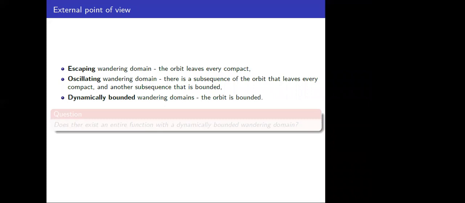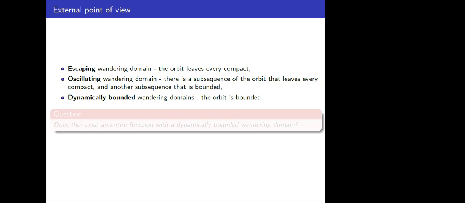Just a few more definitions to recall. An escaping wandering domain is a domain where, if you take any point of the domain, the forward orbit leaves every compact set. An oscillating one has a subsequence of the orbit that converges to infinity and another subsequence which converges to a finite point.